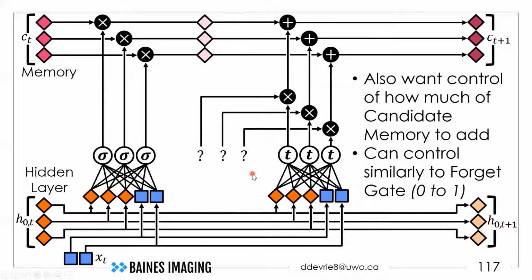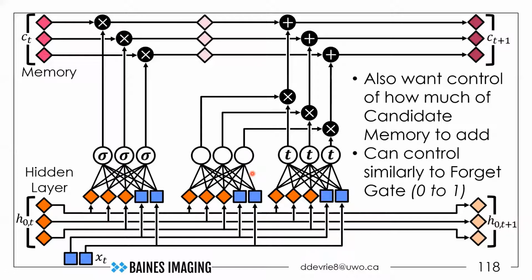And similarly, we need to find some values to basically control these multiplication gates, and we use another little neural network here. And we again want values between 0 and 1, very similarly to our forget gate. So we just use this exact same activation function and plop that sigmoid activation function into this neural network.